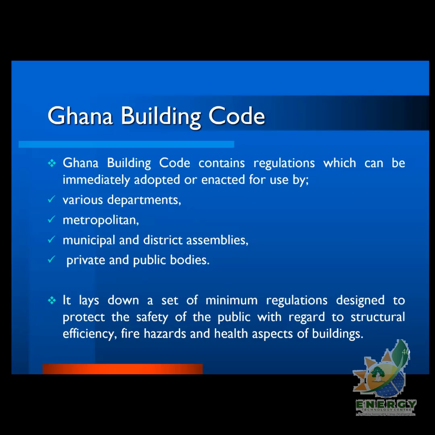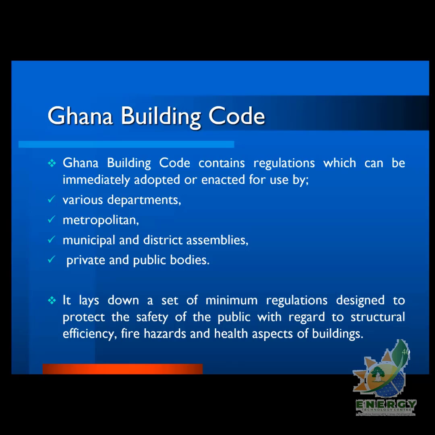Now, in Ghana, we also have a building code. Previously, we used to have building regulations in terms of material use, in terms of the energy requirement, and so on and so forth.